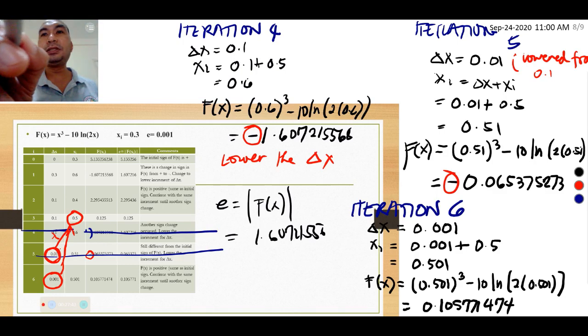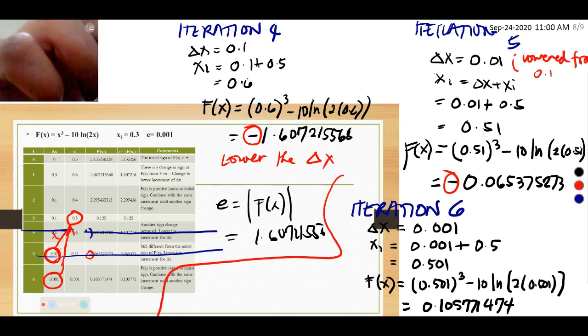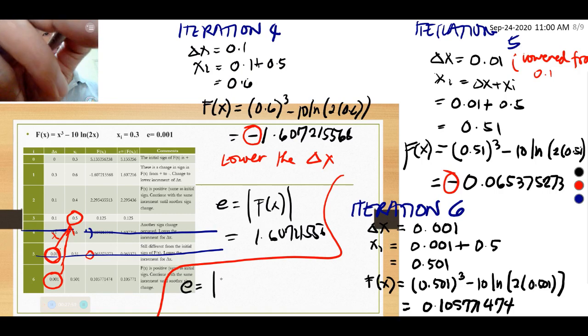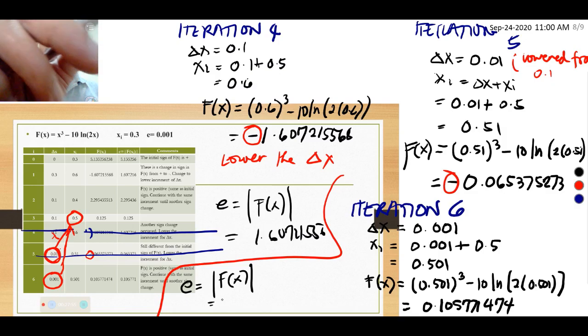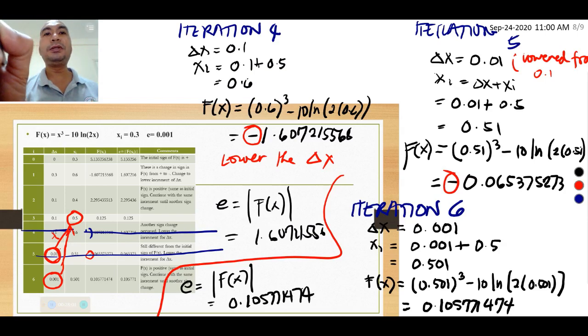And of course, the value of error for iteration 6 is equal to the absolute value of f of x, which is 0.105771474. So now the answer is positive.